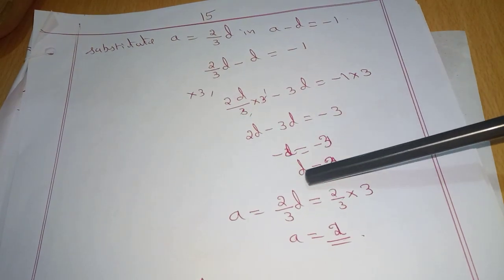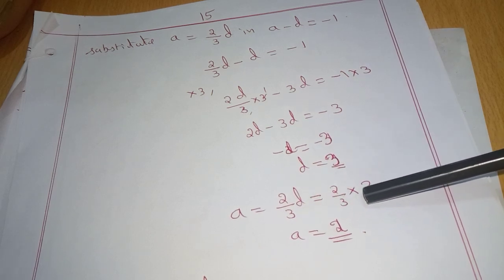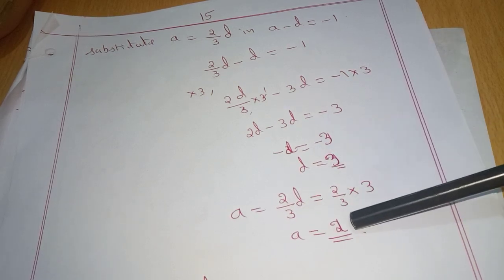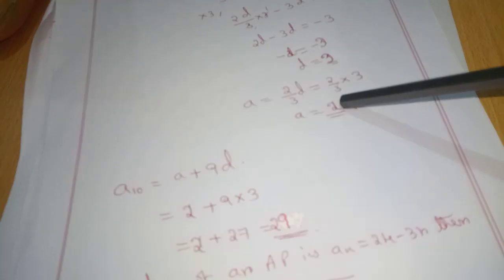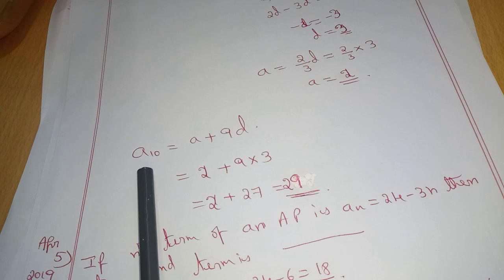Then we got the value of D. Then when we substitute A is equal to 2 by 3D, with the value of D as 3, we got A is equal to 2.